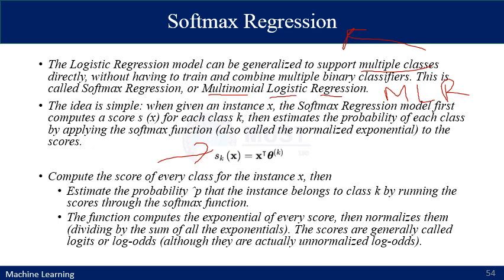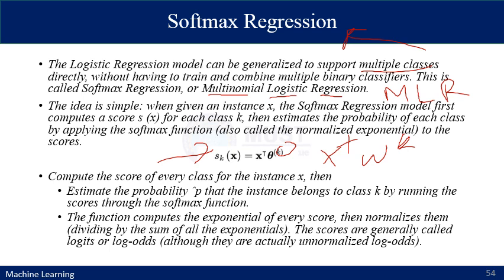As you can see, there is a slight difference as we have k classes. Our previous formula was x transpose w, and in this case we have k scores, therefore we have k estimates, one for each class, for the training example.